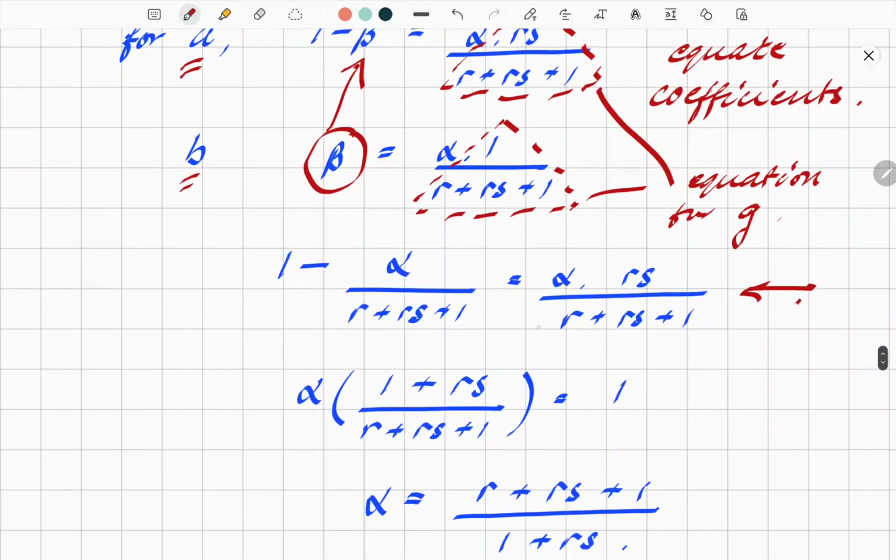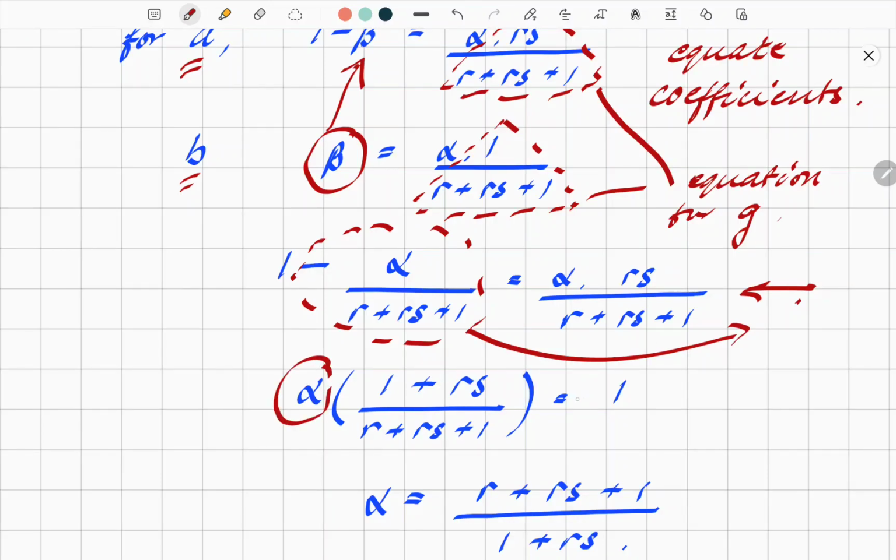So a little bit of algebra. I'm not going to bore you to death with rearranging bits and bobs. But as you can see, if I take all of this to the other side, etc., I can then rearrange, factorize alpha out, and I have alpha times (1 plus RS) over (R plus RS plus 1) equals 1.